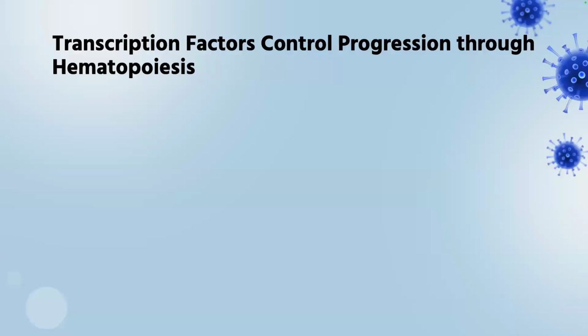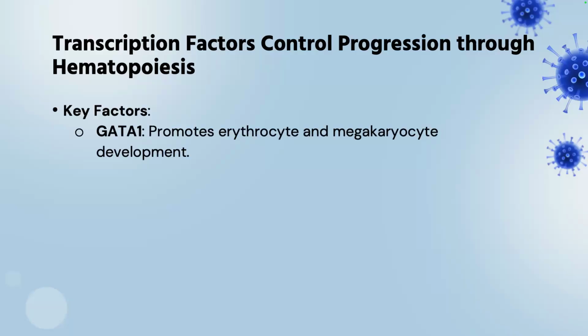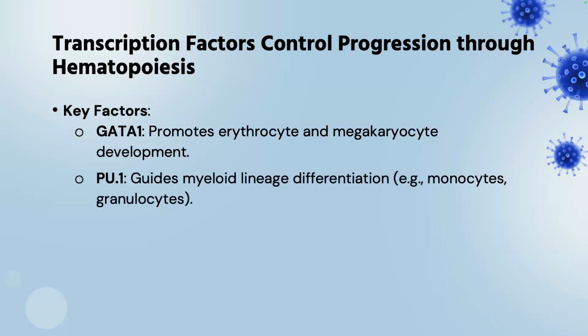Now, hematopoiesis is controlled by many different transcription factors, and these factors will drive the process of differentiation into the different blood cell types. More regulators are involved than I'm going to talk about, but some of the key ones are GATA1, and this is going to promote erythrocyte and megakaryocyte development.